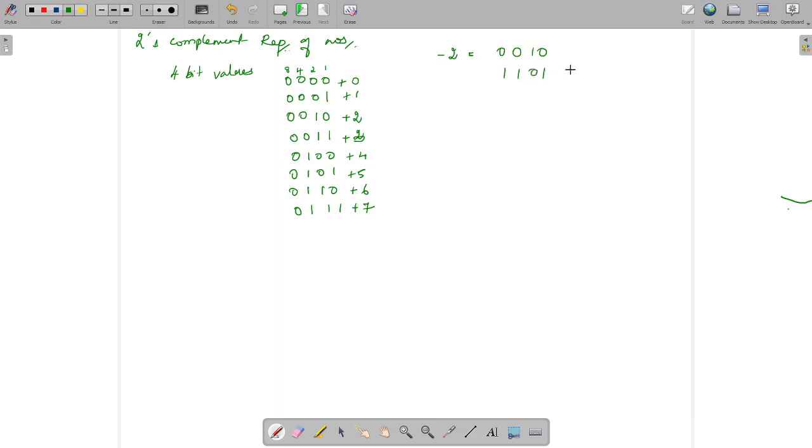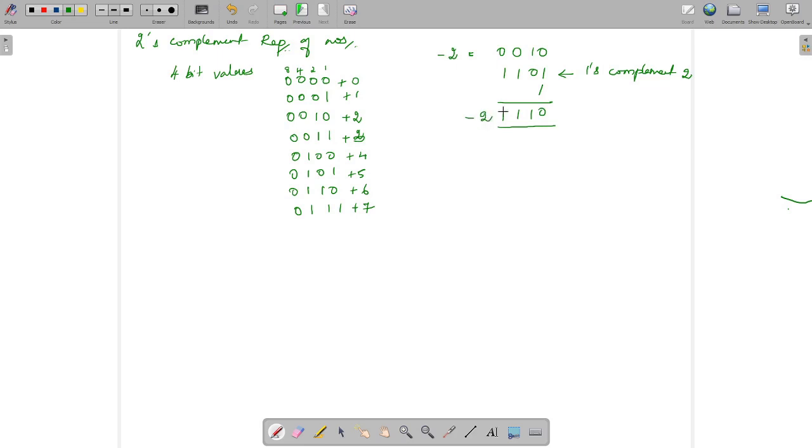That is, I just find the 1's complement of 2, and add 1 to it, which is going to give us the binary equivalent of minus 2. So this is minus 2.